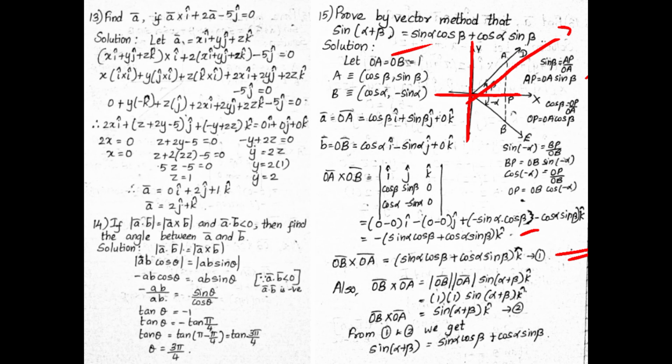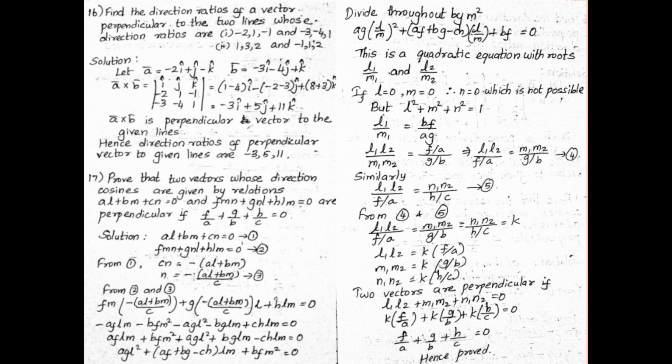Since OB and OA are 1, we get sine alpha plus beta k unit vector; this is equation 2. From equations 1 and 2 we get what? Sine alpha plus beta is equal to sine alpha cos beta plus cos alpha sine beta. So hence proved.